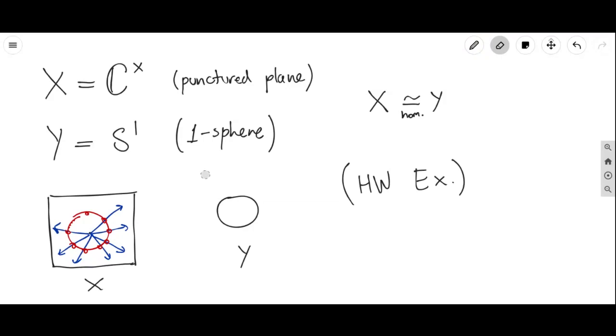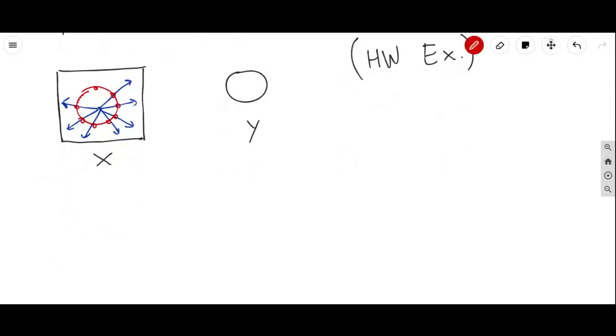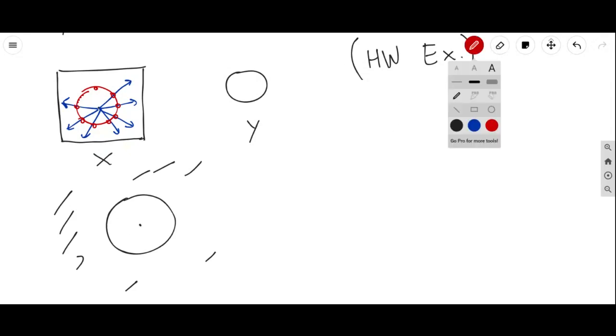Maybe you will find the intuition helpful if we redraw the picture. There's your hole. This is the stuff on the outside, and this is the stuff on the inside. Whatever you have on the inside, you can deform.